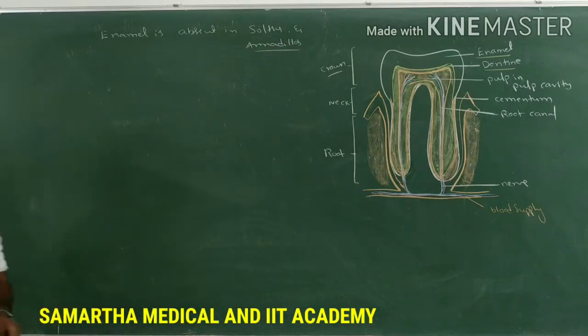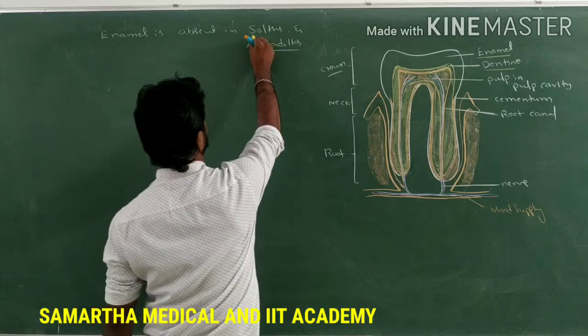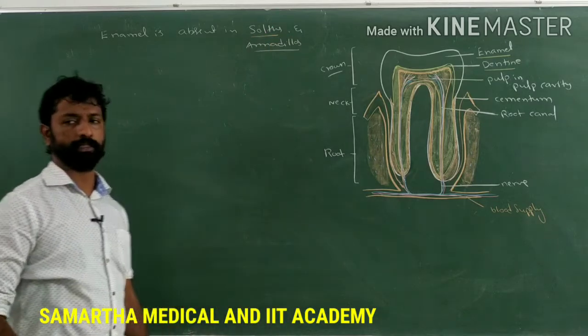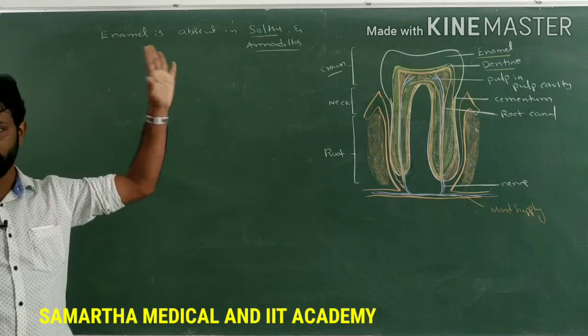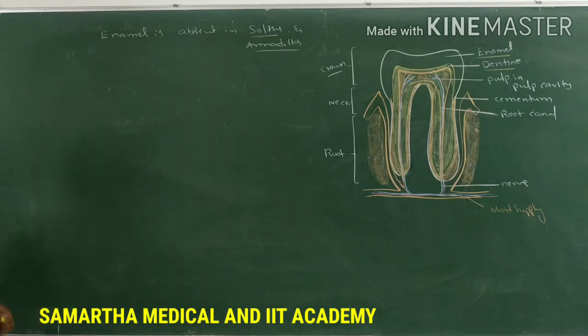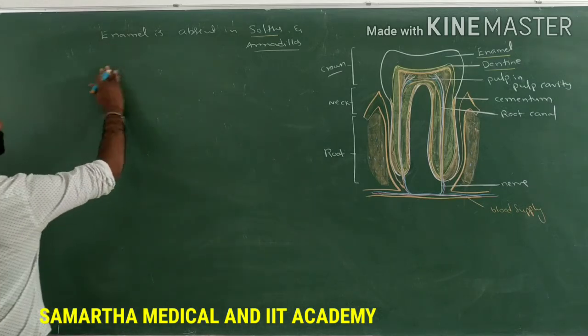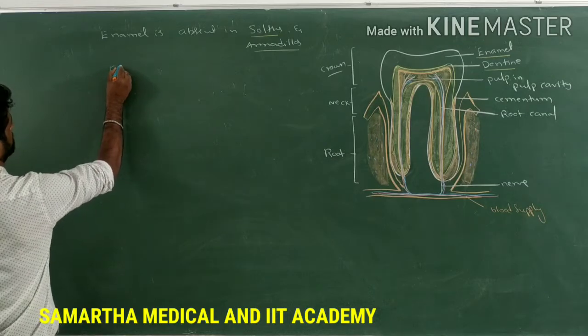In these organisms, the enamel is absent. You might have heard of bears, for example, sloth bears. So in sloths and in armadillos, the enamel is absent.